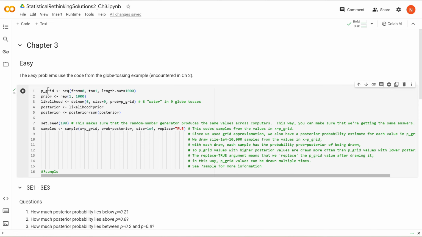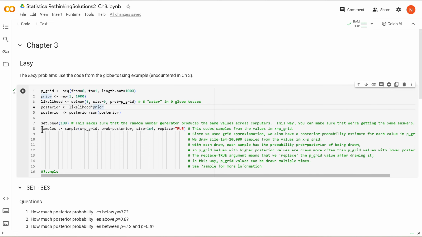What this code does is generate a posterior distribution for every value in p-grid, and p-grid is the proportion of the globe that is covered in water. So in other words, we get a posterior distribution that assigns a probability to every possible value of the proportion of the globe covered in water, and that value is encoded in p-grid.